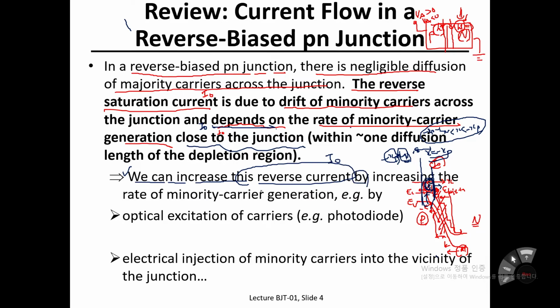By increasing the rate of minority carrier generation. But the question is how to increase the rate of minority carrier generation. What are the right ways to do it? For example, there are two ways.